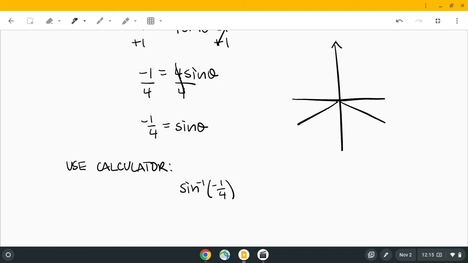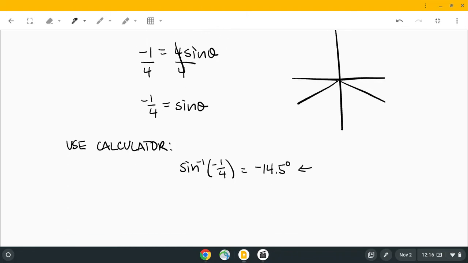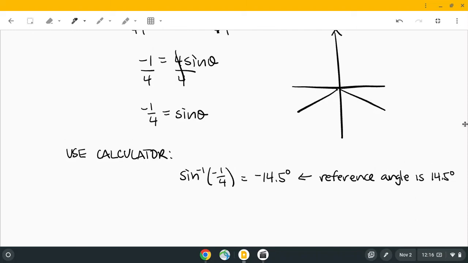And when you punch this into your calculator, you should get negative 14.5 degrees. Okay, so again, this tells me the reference angle is positive 14.5. Okay, so up here, I want the angle that's in quadrant 3, and I want the one that's in quadrant 4.